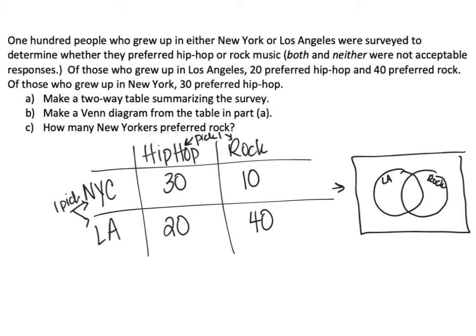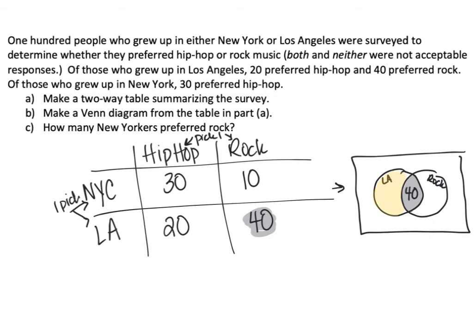First, let's look at the overlap. What's there in the middle? Here, we're looking for the people who lived in LA and preferred rock music. So in this case, I'm looking at the LA rock music, which is those 40. So I'm going to put a 40 there in the middle. Now let's take a look at the rest of the LA circle.